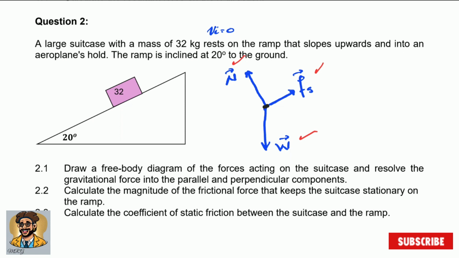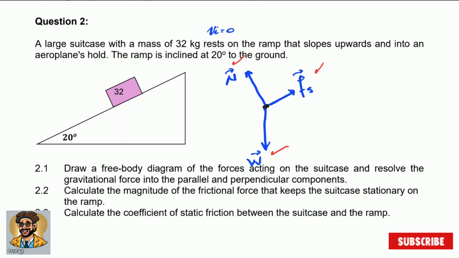However, now in this question they ask you to break it into components. So let's quickly move this W to this side. We're speaking about the weight because we're going to add the axes, since the question asks for the parallel and perpendicular components.